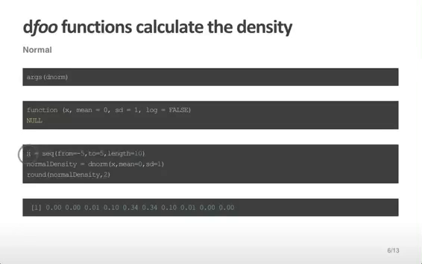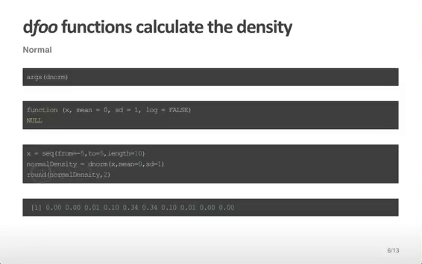First, we can generate a set of x values that's a sequence from -5 to 5 of length 10, where the values are equally spread out between -5 and 5. Then we can apply the dnorm function to calculate the normal density at those points. Here we pass the parameters mean equals 0 and standard deviation equals 1. We can then report the values of the normal density at each of those x values.